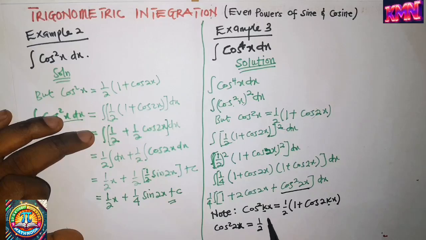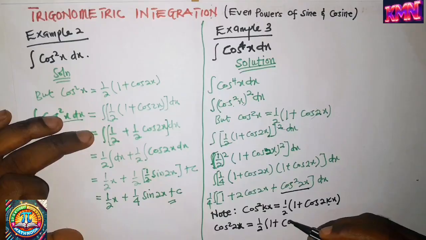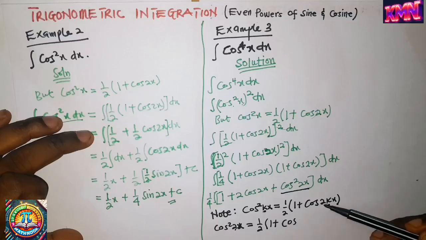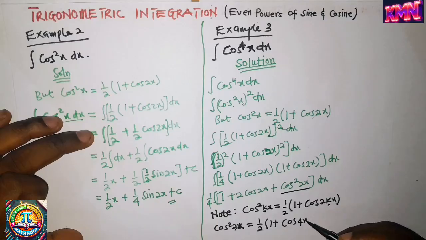half bracket 1 plus cos, then the constant, these two, we multiply the two over here, and we're going to get 4x.